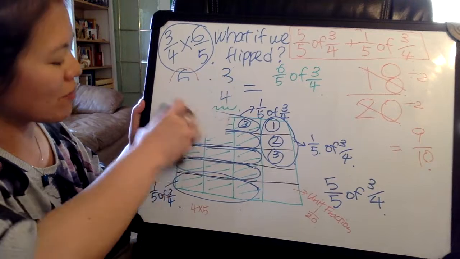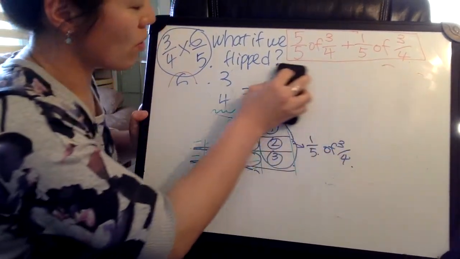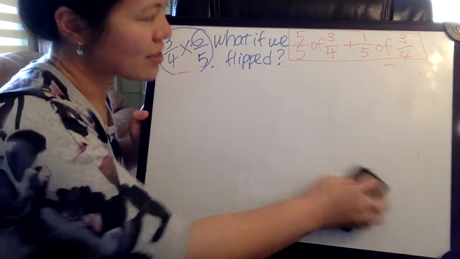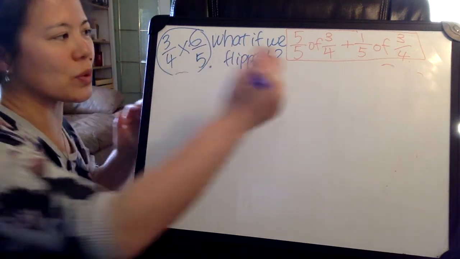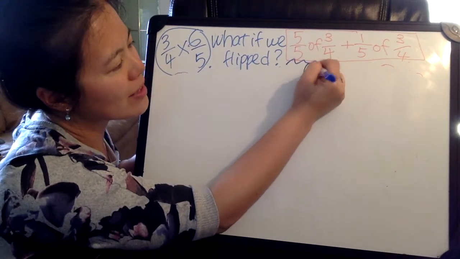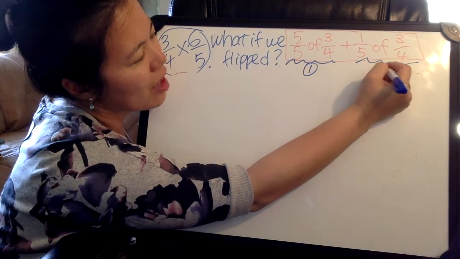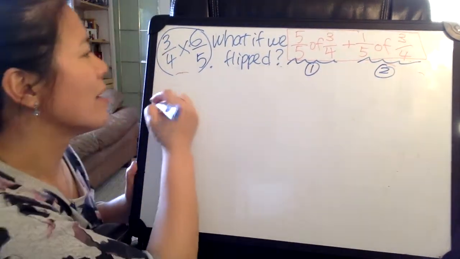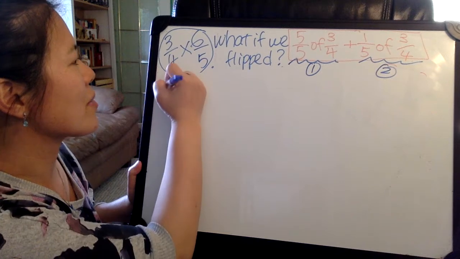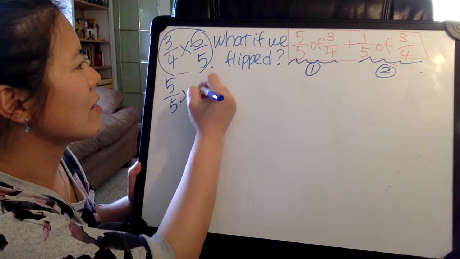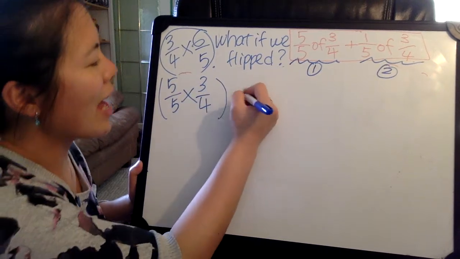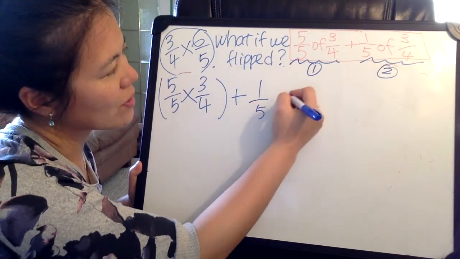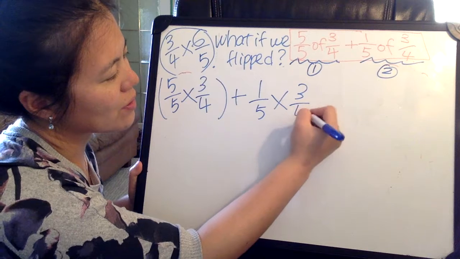Just give me one moment to erase all of this. Okay, so what do I mean? I can do 2 different calculations, because first I'm going to do this, and we will add 1/5 of 3/4.